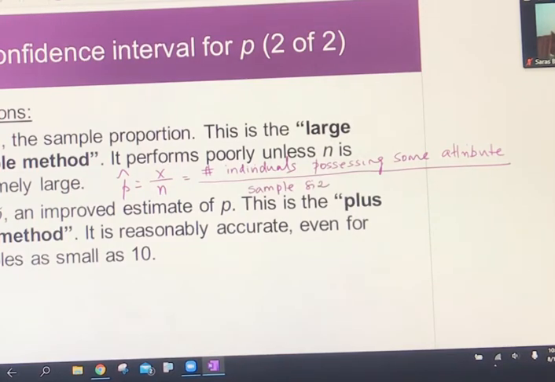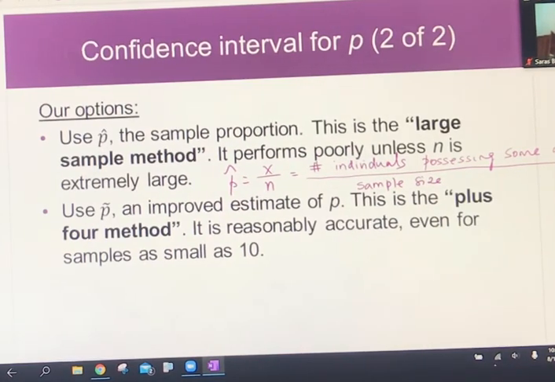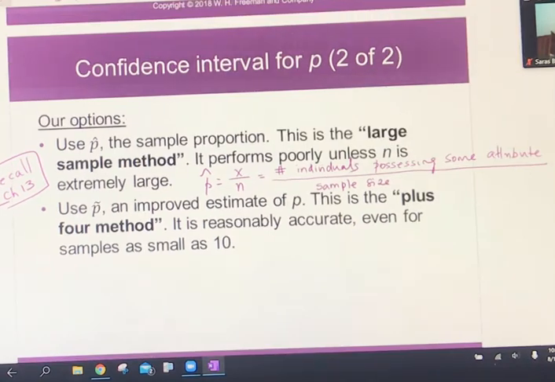So I want you to recall chapter 13, when you have a qualitative variable with exactly two attributes. So P hat is equal to X over N, the number of individuals possessing some particular characteristic under study over the sample size.